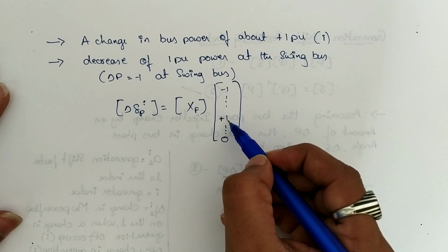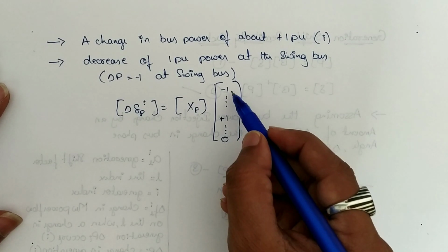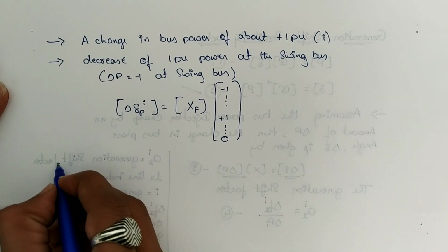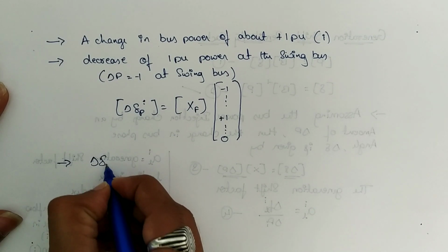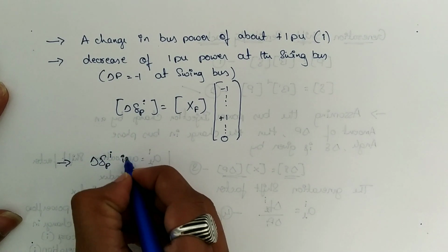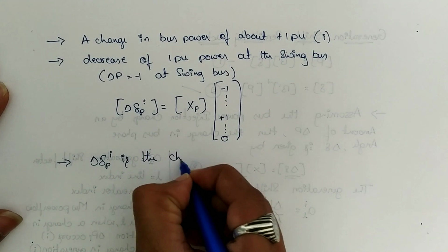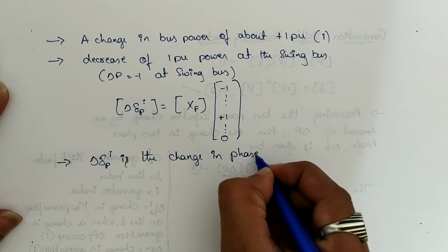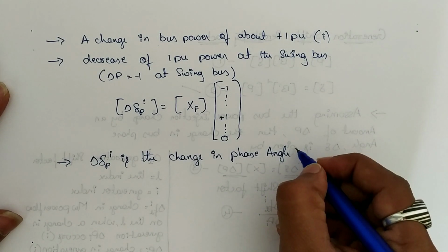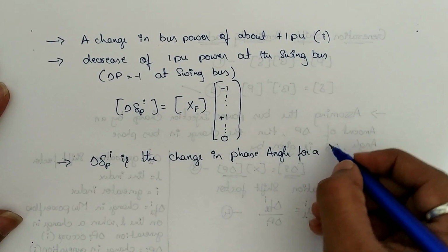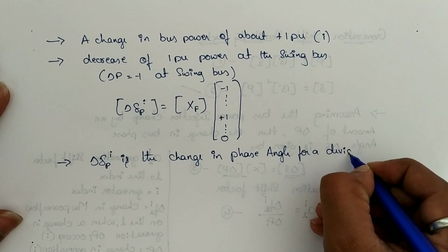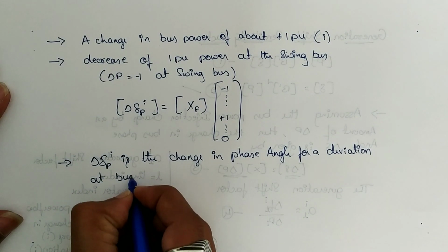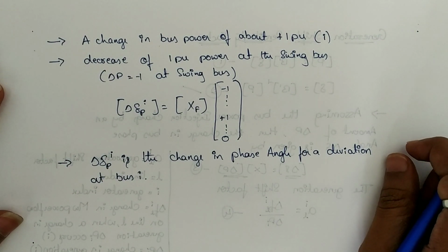For a change of 1 per unit power at bus I, the swing bus is -1 per unit to compensate that, which means delta P_I is the change in phase angle for a deviation at bus I.